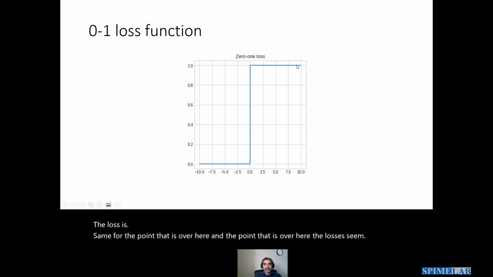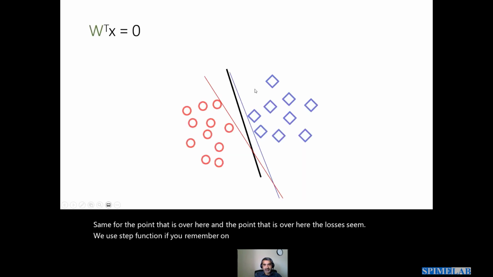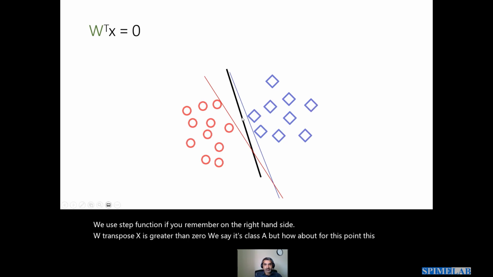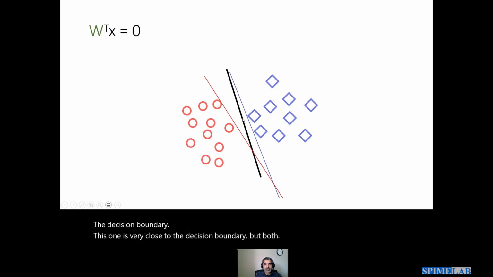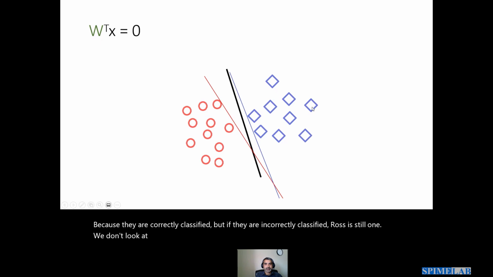We use a step function, if you remember. On the right-hand side, W transpose X is greater than 0, we say it's class A. But how about for this point? This is far from the decision boundary. This one is very close to the decision boundary, but for both, the loss is 0 because they are correctly classified. But if they are incorrectly classified, the loss is still 1. We don't look at the distance, right?